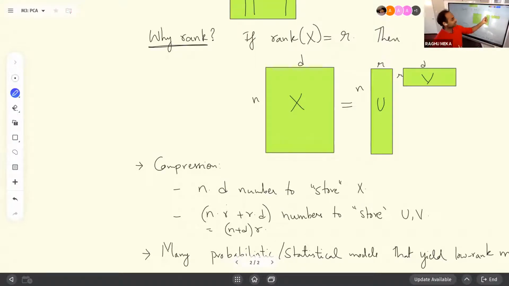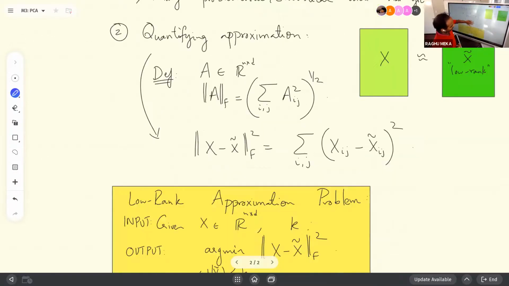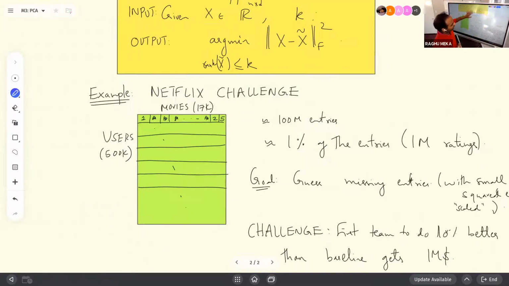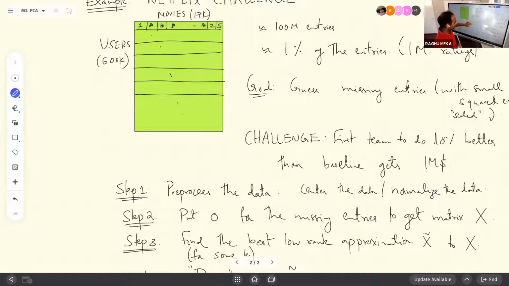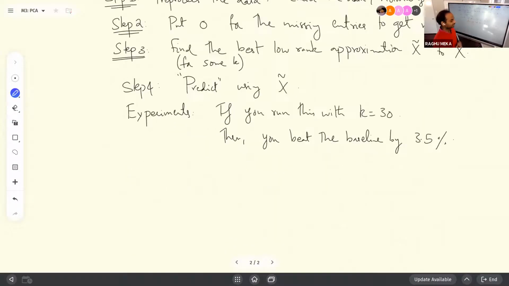So instead of combining them just by inner product, people tried to combine them with all kinds of fancier models, but it was still something like U times V. And that's what eventually led to beating the challenge. It took some time. I think it was around maybe 1 or 2 years before people eventually did beat the challenge.